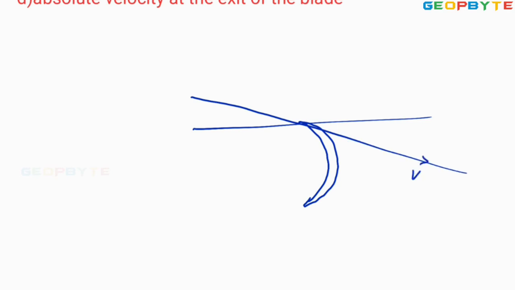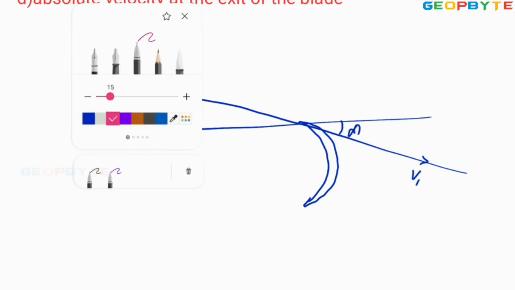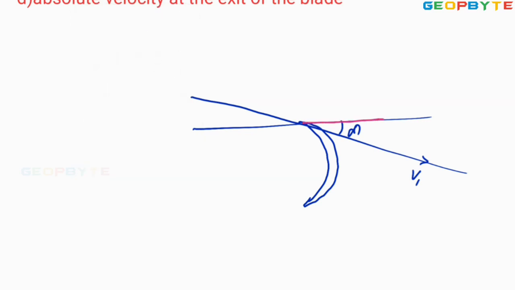Since the steam is entering with a velocity v1 at an angle alpha, it is developing two components of velocity. The horizontal component of velocity equals v1 cos alpha, and the vertical component of velocity is v1 sin alpha.